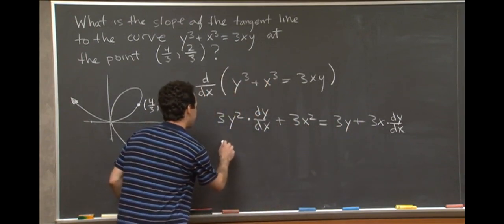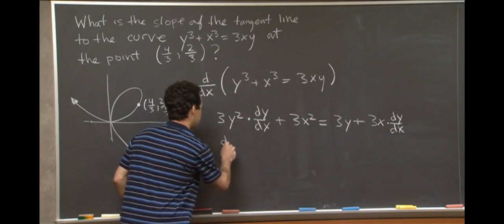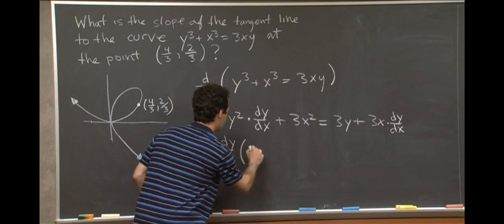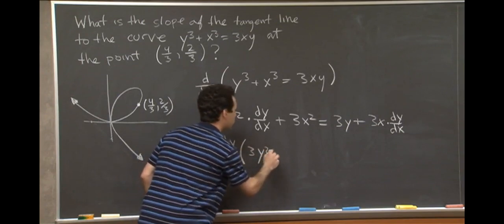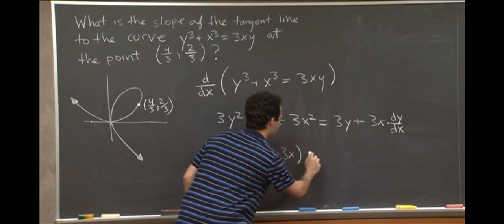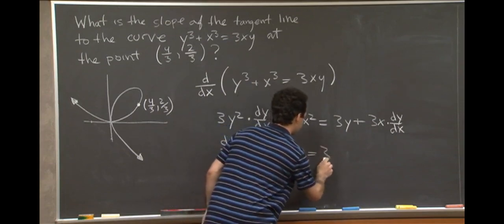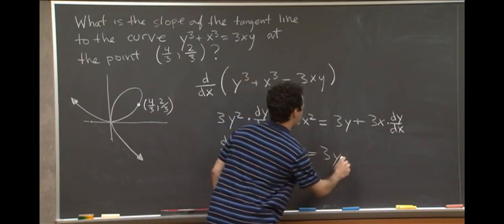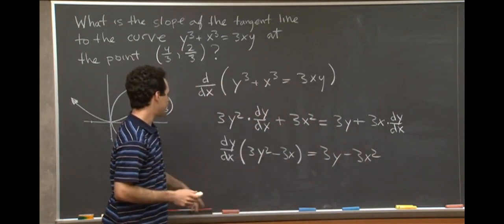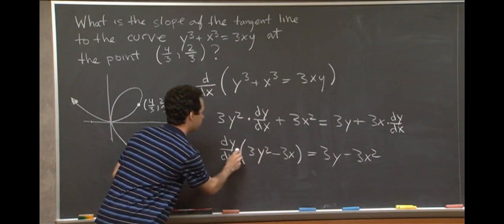So over here we get dy dx times 3y squared minus 3x, and on the other side we have 3y minus 3x squared. And so this is multiplication there.